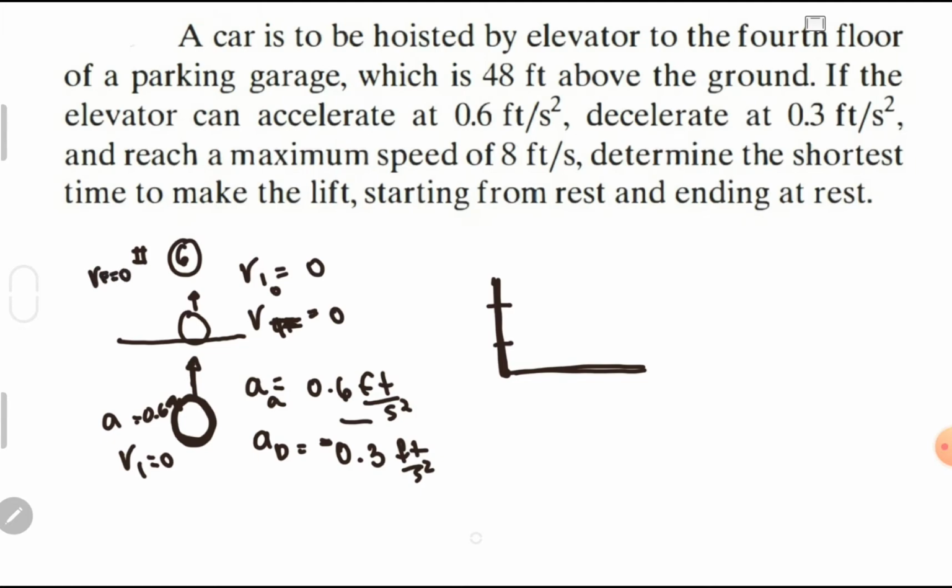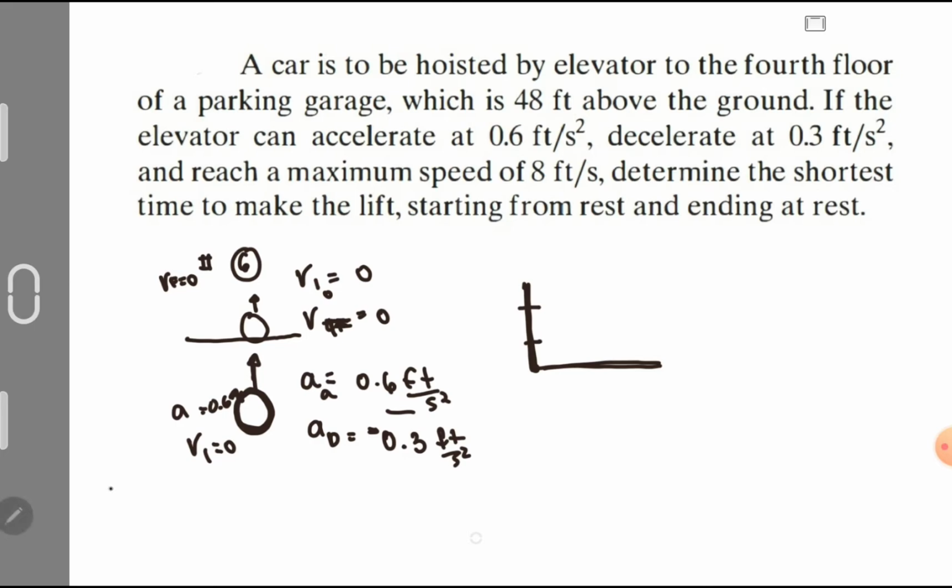Take note that this is a vertical translation, but particularly this is a rotational motion, because our elevator is run by a motor. Therefore it is rotational motion that is translated into linear kinematics. It rotates and then you translate it to linear motion. So basically this is still constant acceleration in one-dimensional motion, in vertical translation.